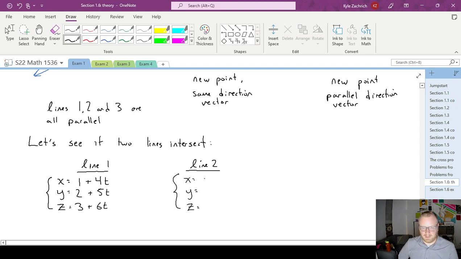And this line here will be, let's say, so I'll kind of give it to you the way the book might say it. So this would be 10 plus 1t, 10 minus t and 8 plus t. Okay.